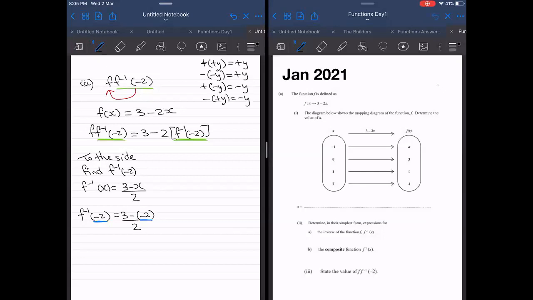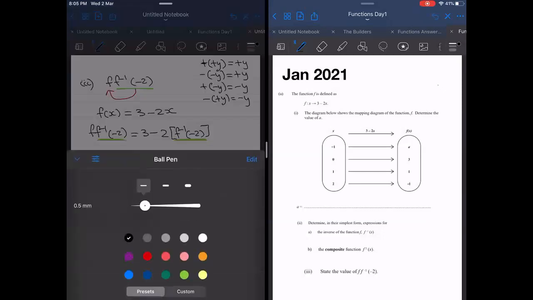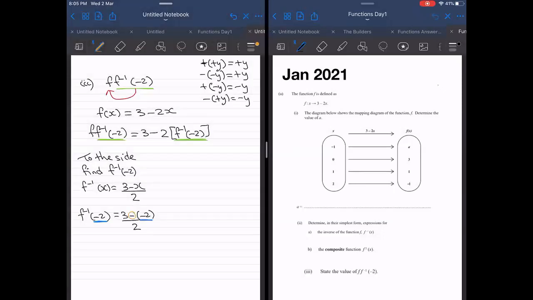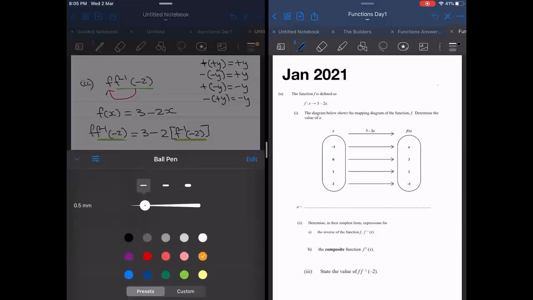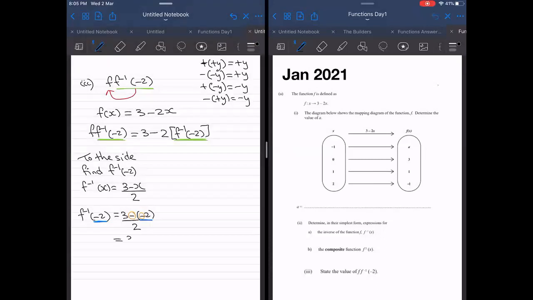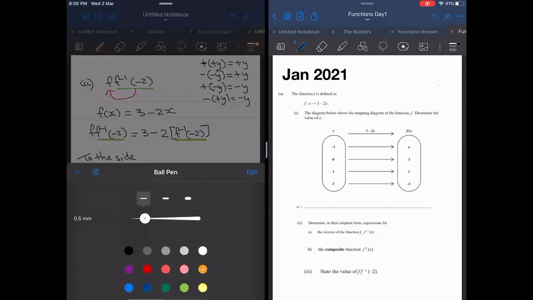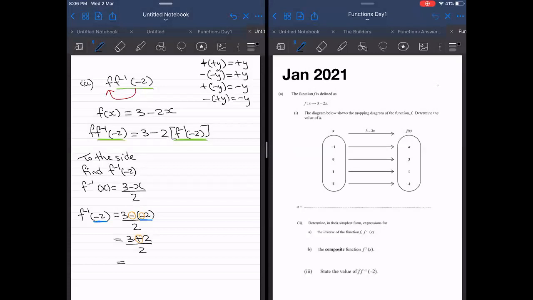Right, and it's following the same multiplication rule. So why am I saying that? Because since I have a minus and a minus, I'm going to change it to plus. So I'm going to have 5 over 2.